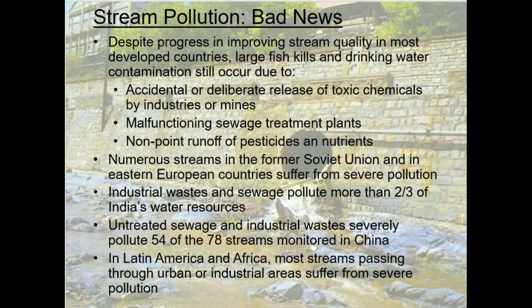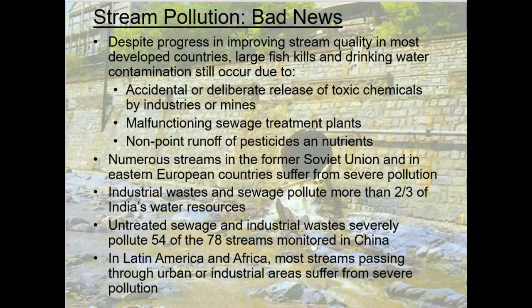So, bad news about stream pollution is that despite progress in improving stream water quality in most of our developed countries, we're still having large fish kills and drinking water contamination due to things such as accidental and deliberate release of toxic chemicals by industries or from mines.